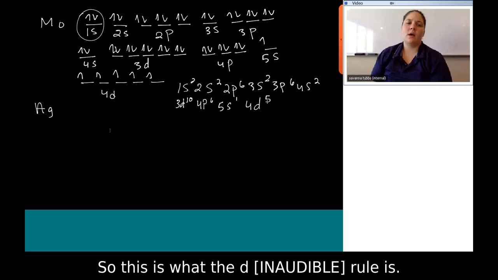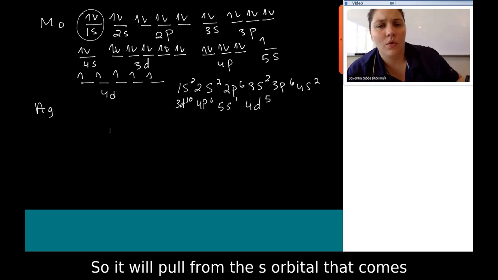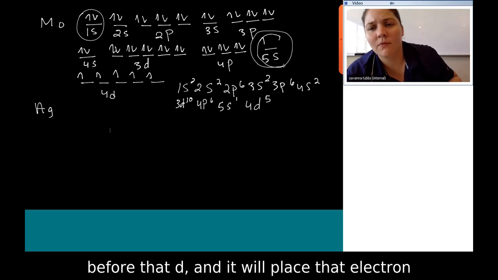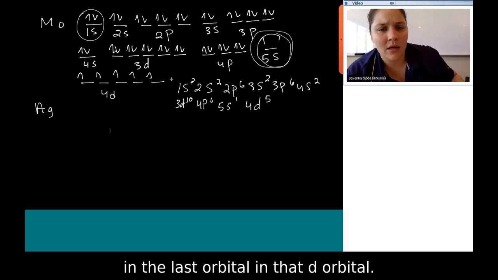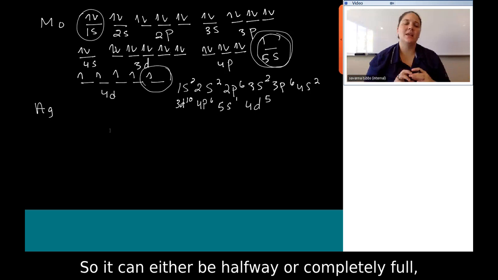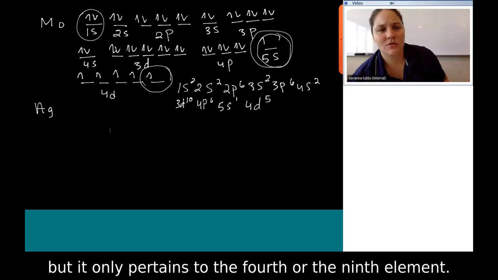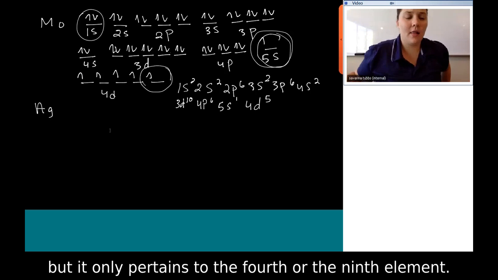So this is what the d rule is. So it will pull from the s orbital that comes before that d, and it will place that electron in the last orbital in that d orbital. So it can either be halfway or completely full, but it only pertains to the fourth or the ninth element.